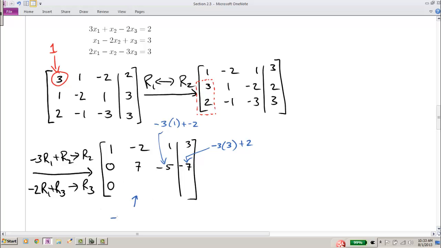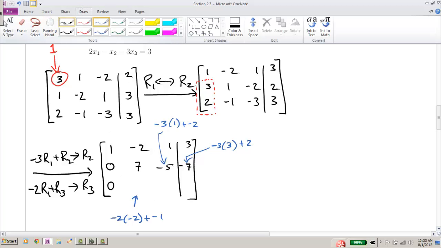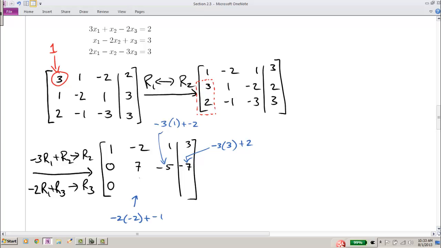-2 times a -2 plus a -1. Let's see, that's a +4 plus -1 is 3. The element that goes here, -2 times +1 plus a -3 is a -5.